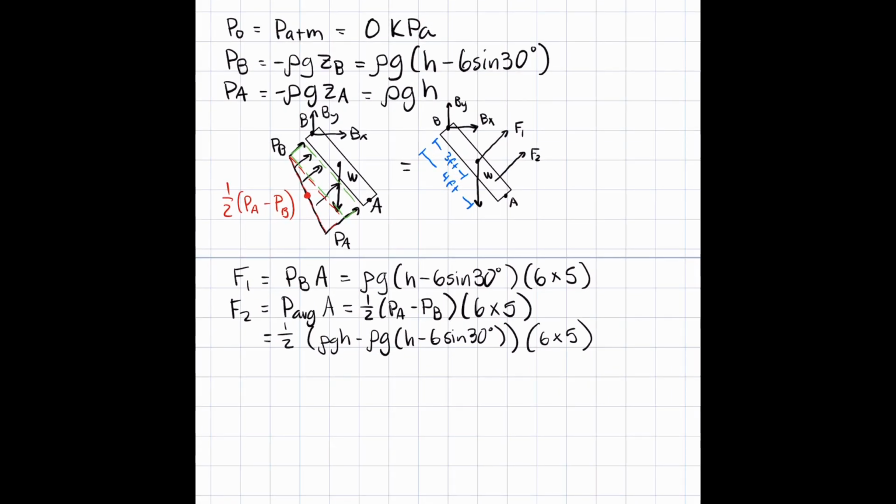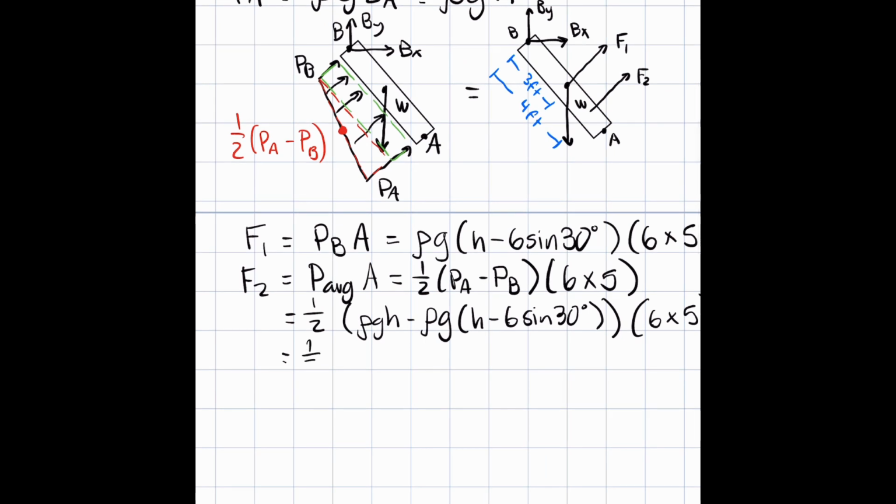If we pull out the constant terms, in this case rho and G, we'll end up with H minus 6 sine 30 degrees.